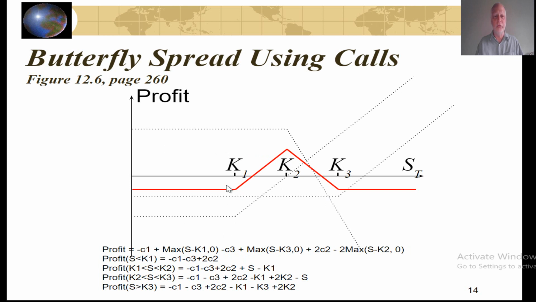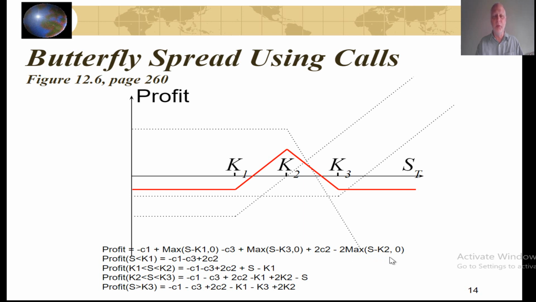So we see purchasing or going long the call with the strike of K1: minus C1 plus maximum of S minus K1, 0. Going long the call with a strike of K3: minus C3 plus maximum of S minus K3, 0. And then shorting 2 calls with a strike price of K2: plus C2 minus 2 max of S minus K2, 0.